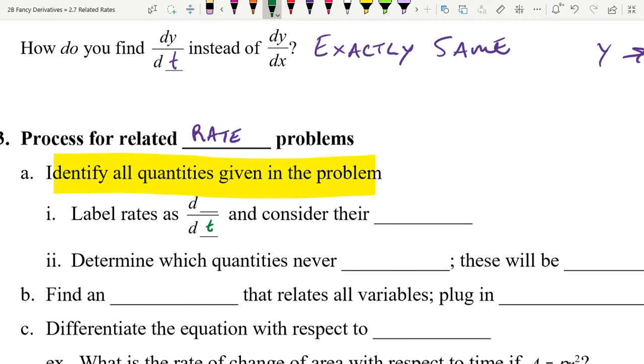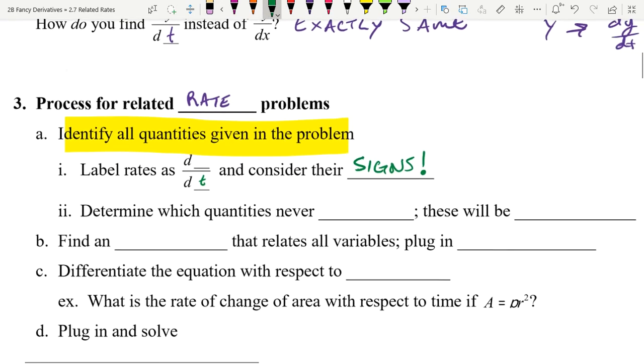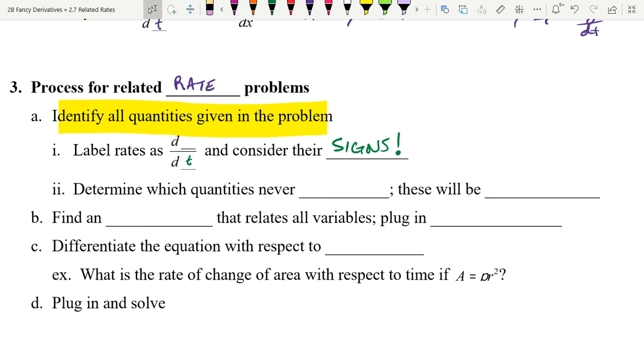Okay, so like the change in x over time or the change in y over time, and that will make more sense here in a minute. And we need to consider their signs. For example, if something is growing, the rate is going to be positive, but if something is getting smaller, that rate needs to be negative. So pay attention to that part.